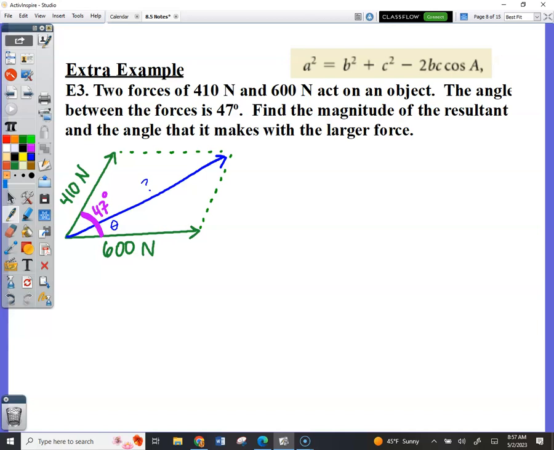You do need to remember that law of cosines has this formula right here to help you find a missing side length, but remember that that's a squared. So when you plug everything in, you're going to come to a really big number. You have to square root it. So remember, you're not done by just plugging it in. You have to square root it.